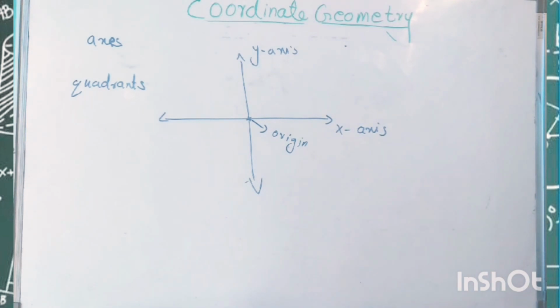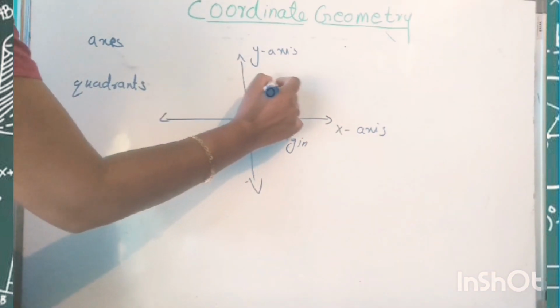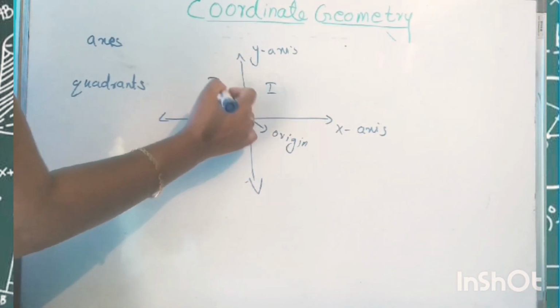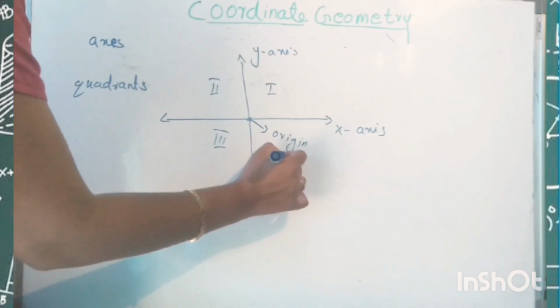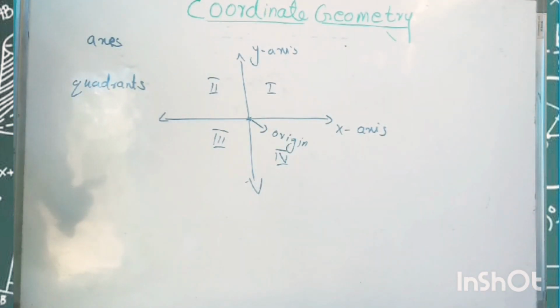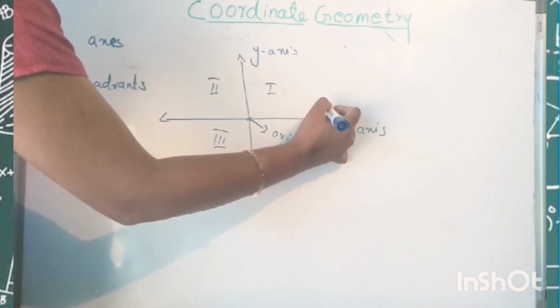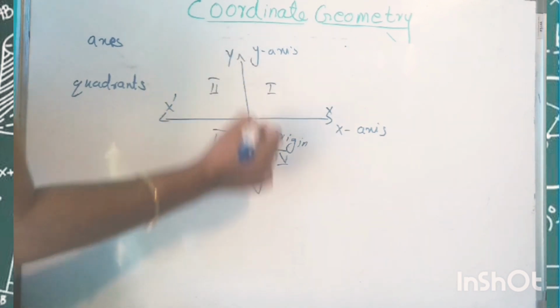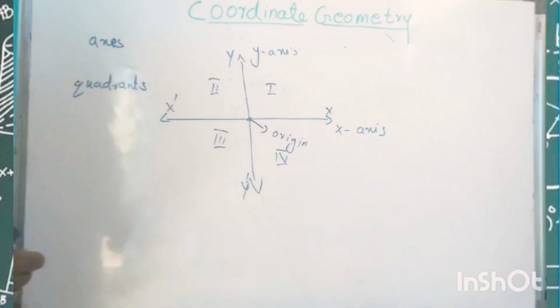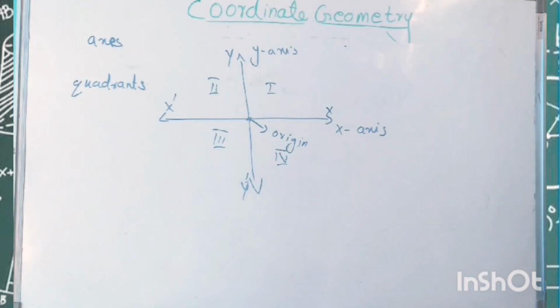So this is our first quadrant, this is our second quadrant, this one is the third quadrant, and this is the fourth quadrant. The x-axis is denoted by x dash and the y-axis is denoted by y dash.